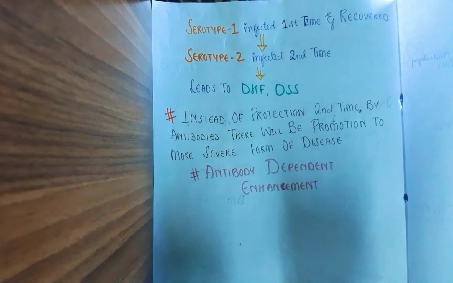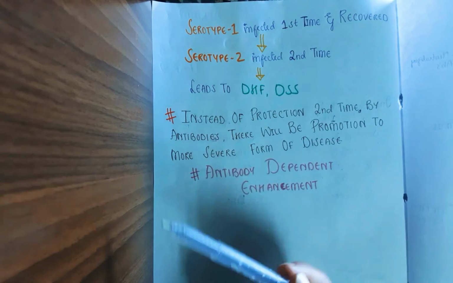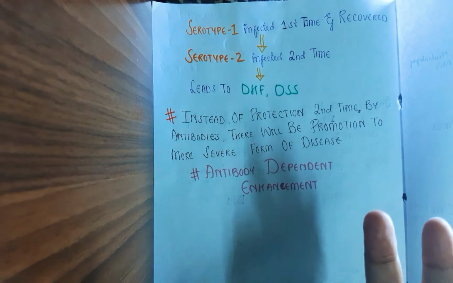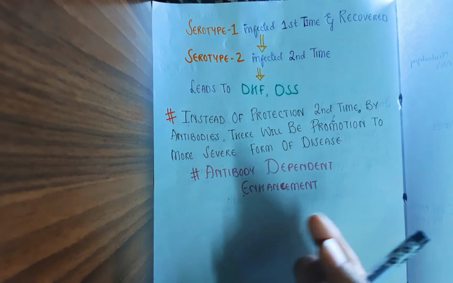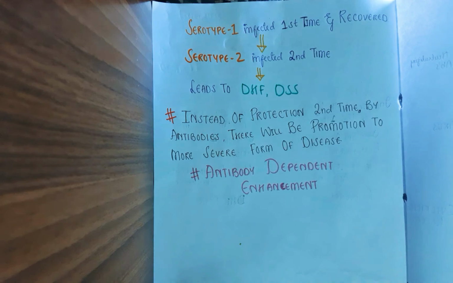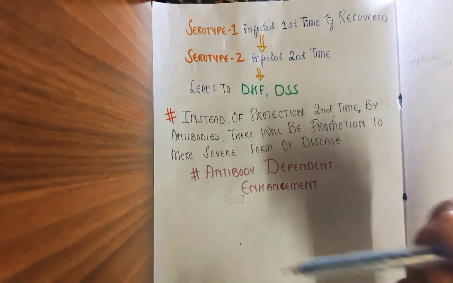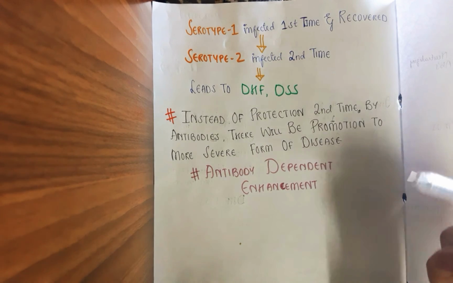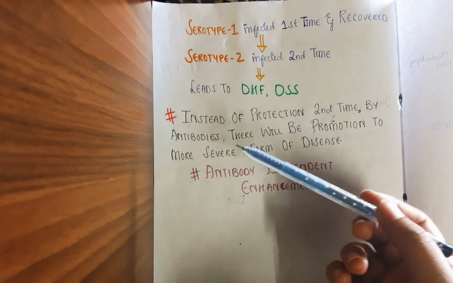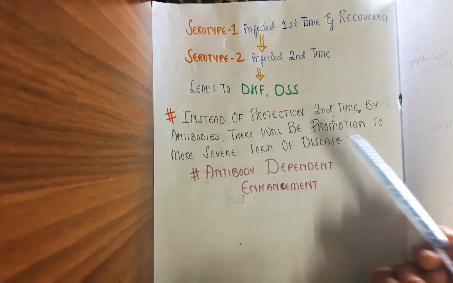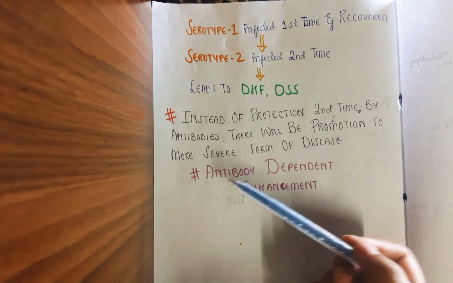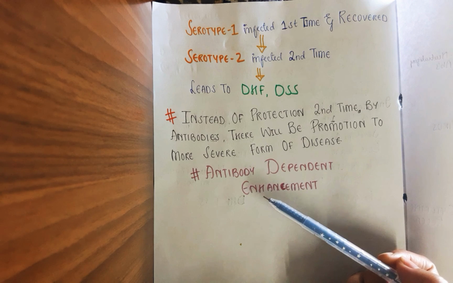And why? Because instead of protection the second time by the antibodies, there will be promotion to a more severe form of the disease. We read the whole mechanism previously. And this is referred to as antibody dependent enhancement, because instead of subsiding of the disease, there will be promotion of the disease to a more severe form. This is referred to as antibody dependent enhancement.